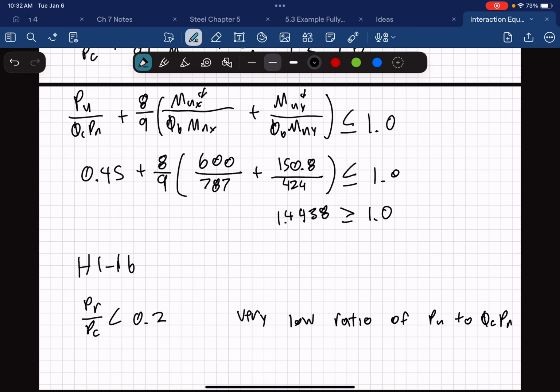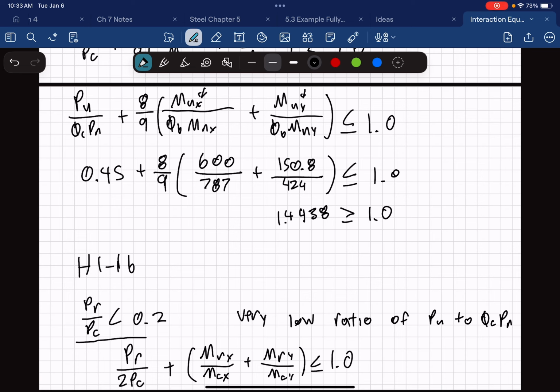Then you have PR over 2PC plus MRX over MCX plus MRY over MCY, and then still less than or equal to 1.0. So that's how you would go about it if you had a different ratio here.